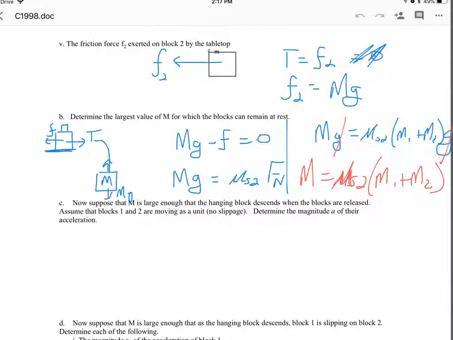Okay, for the next part, we have the system accelerating. However, there's no slipping between the two blocks. So that means that block 1 and block 2 are acting just like one larger object. So it's like they're glued together. So we have mass 1 and 2, big mass, and we still have that friction happening here.